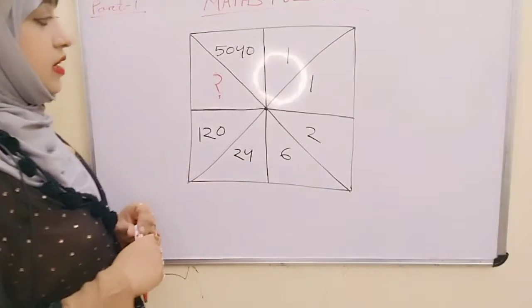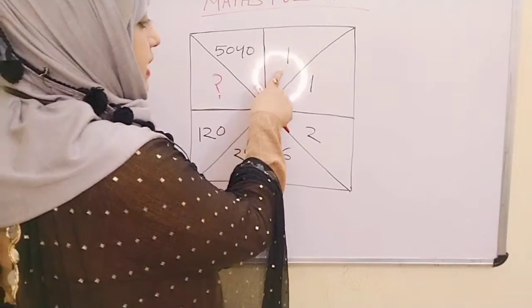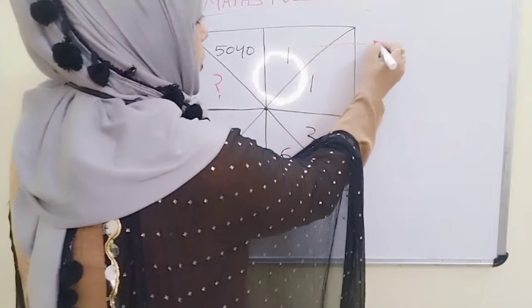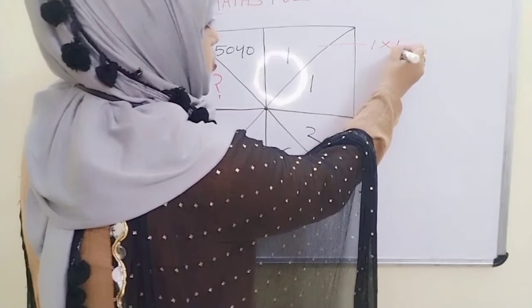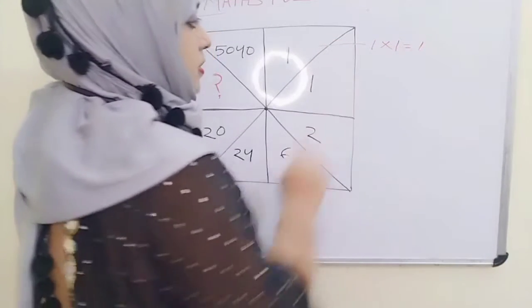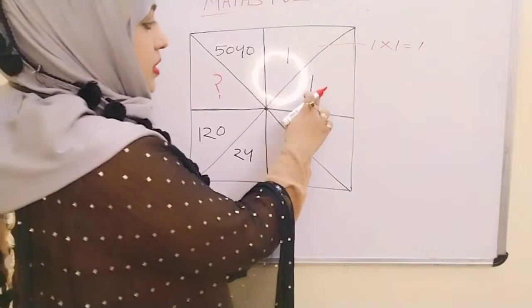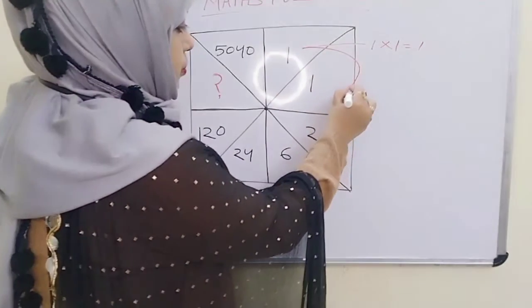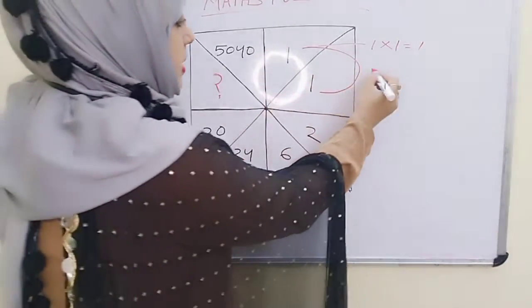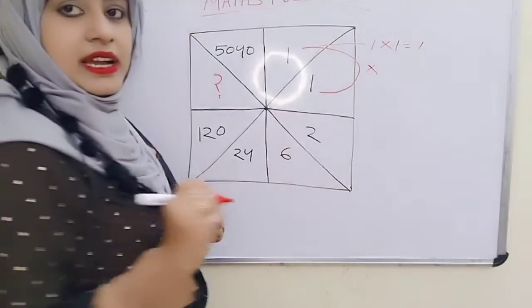Let's do another trick. When you multiply 1 by 1, you get 1, okay, which is here 1. That means this number is multiplied. Understand?